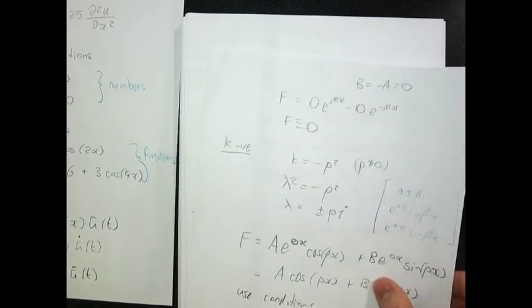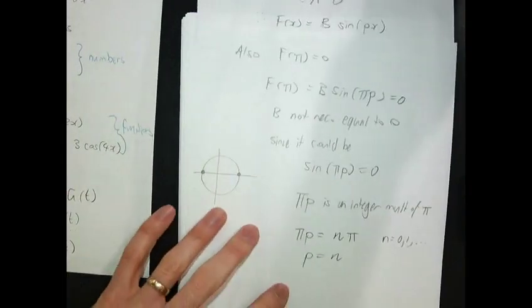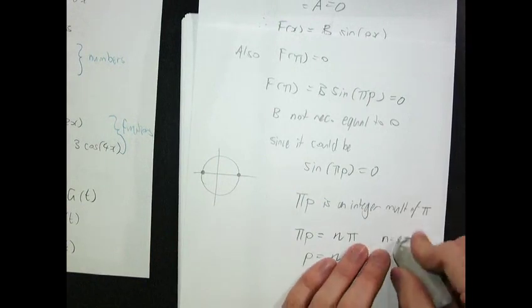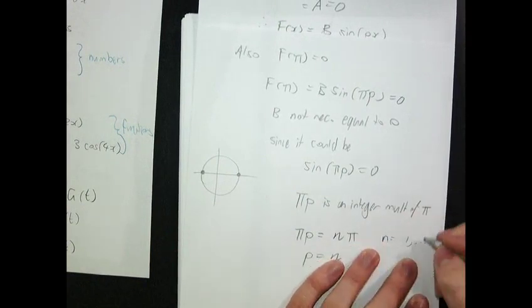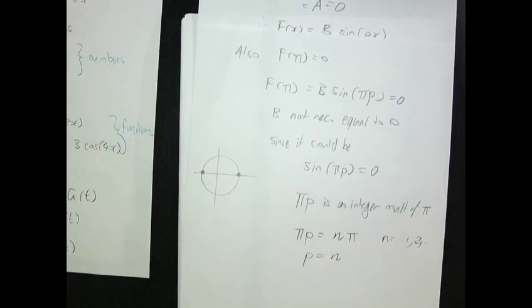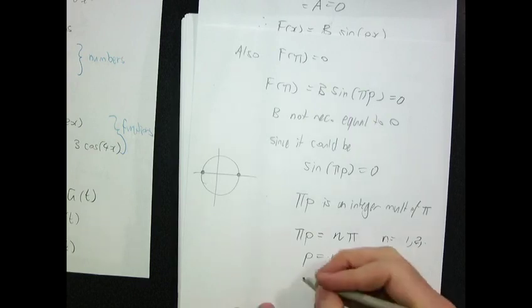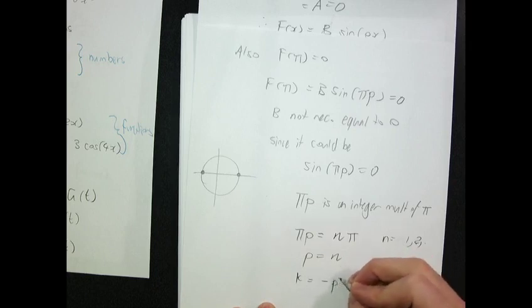So since p isn't 0, thank you very much, since p is not 0, n here can't be 0 because that would make p 0. Awesome. Thank you very much. Whew. Disaster averted. And so now p is n, so my k is actually minus p squared, which is minus n squared.